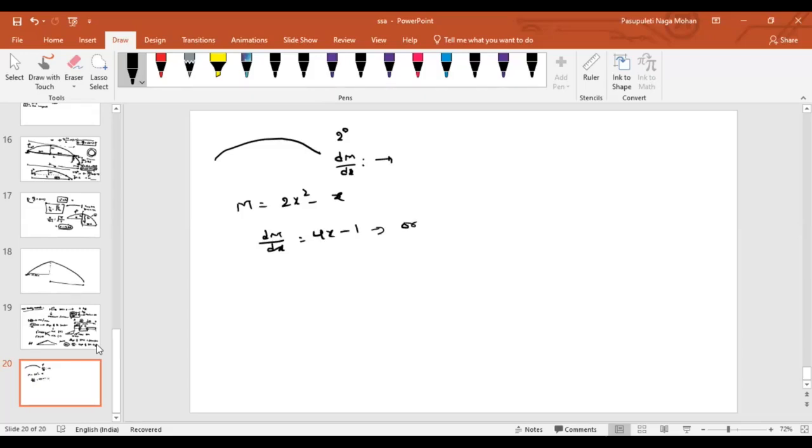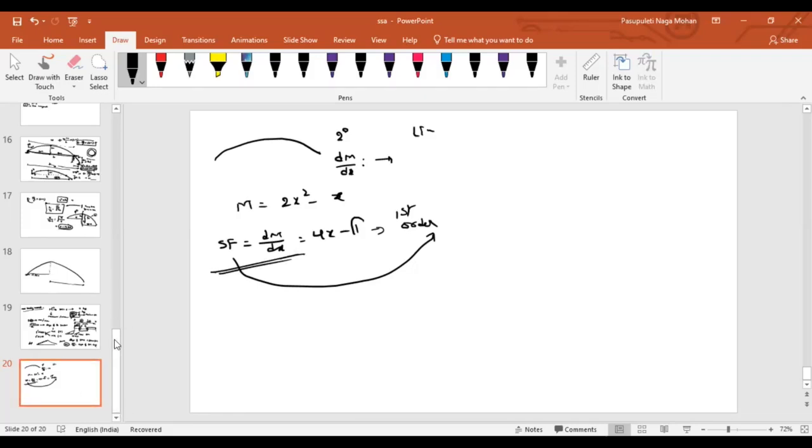What is the order here? 1. dM by dx is nothing but the shear force. That means if the bending moment diagram is a parabola, the variation of your shear force is linear, first order. If your shear force is linear, increase one more degree to get the bending moment diagram. Based on this logic only.